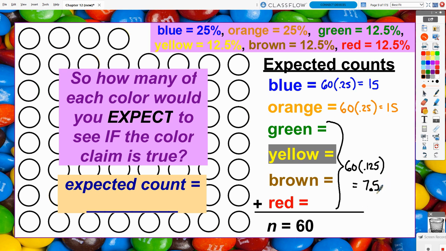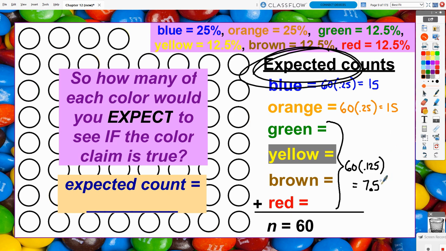And some of you might go, yeah, there could be a half an M&M, like it got past quality control, and sure, I've seen half an M&M before. But the thing I want you to realize is when we talk about expected counts, it's how many we would expect to see theoretically. These aren't really going to be how many we will truly see.